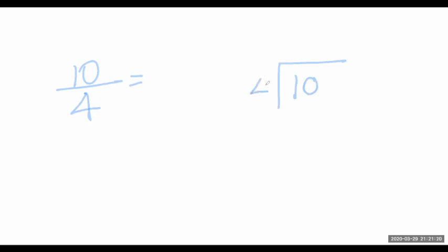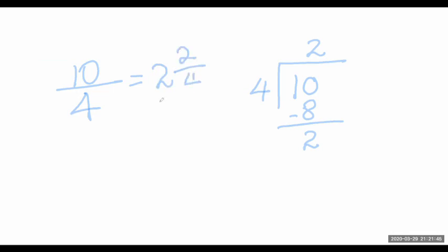How many times does 4 go into 10? 2. So 2 times 4 is 8. So it's 2 and 2 fourths. How do we write this mixed number? 2 and 2 fourths. 2 and 2/4.